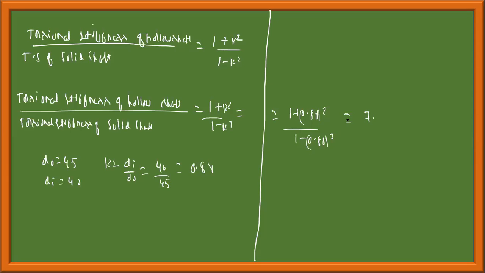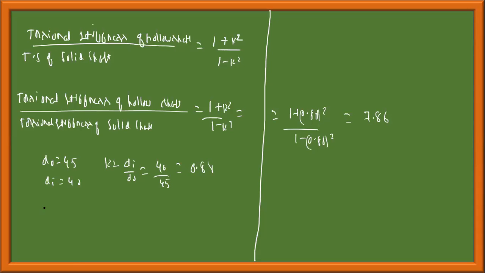Anybody else make the answer? Have you calculated? 1 plus 0.88 square by 1 minus 0.88 square. 7.86.